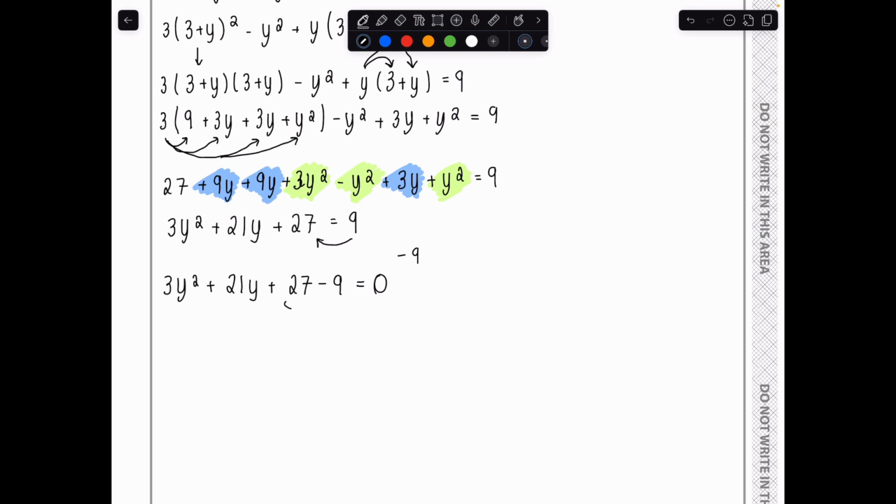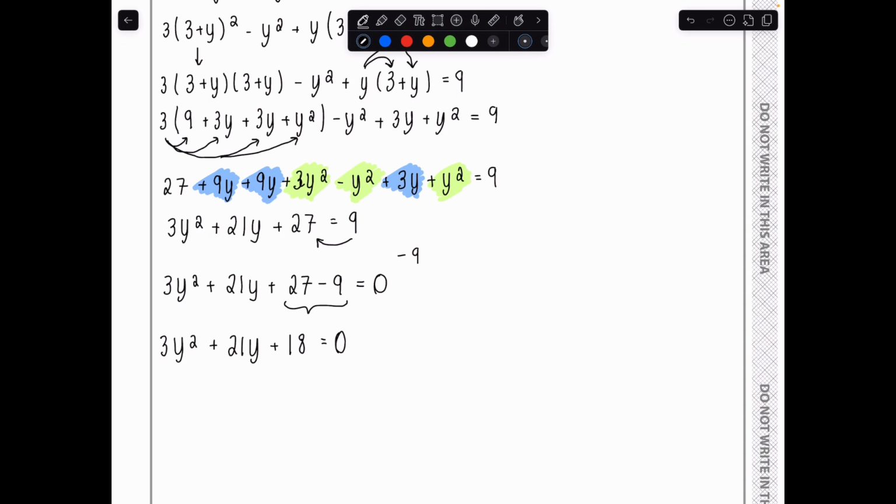Now here, what's 27 minus 9? 27 minus 9 is just 18. So we're left with 3y squared plus 21y plus 18, and that is equal to 0. As you're probably thinking, what we want to do now is to factorize, to find out what values of y we could possibly get. But we want to not only save time, but also make this as easy as possible for ourselves.